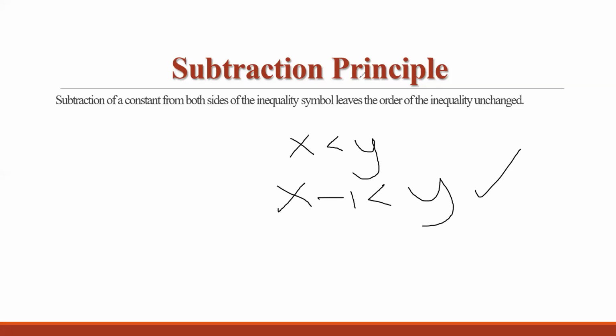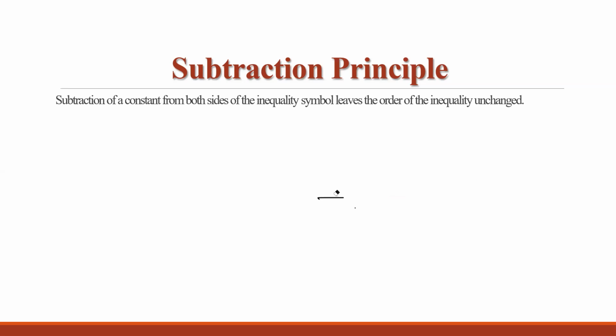But if I subtract these constants on both sides of the inequality symbol, there is no problem. The inequality means what? It means unchanged. Hope that is clear. Let me continue.